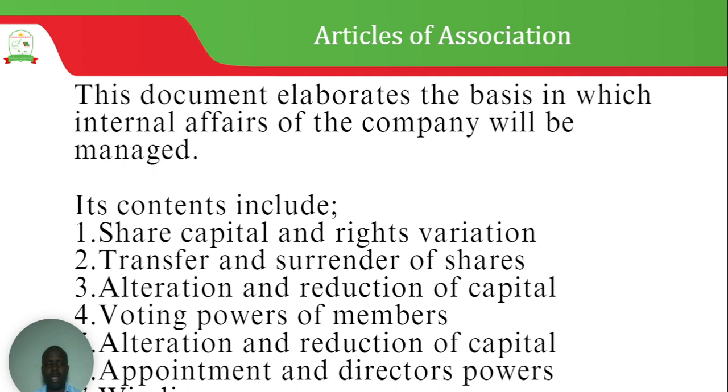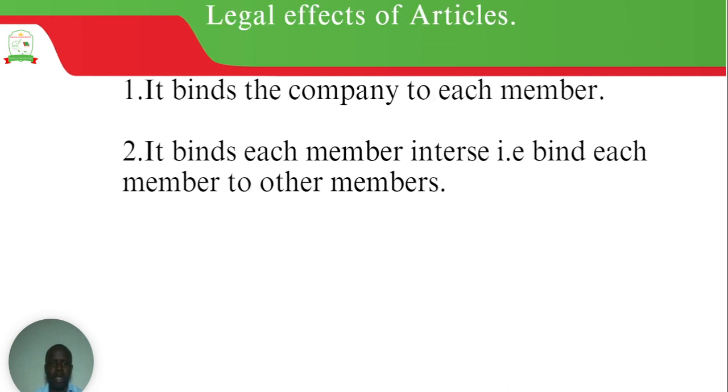So we have directors of companies. To what extent are they supposed to exercise their powers? And finally, the articles of association will also mention issues to do with winding up, bringing to an end a company. We have different situations. We are going to look at that when we discuss our topic on winding up.